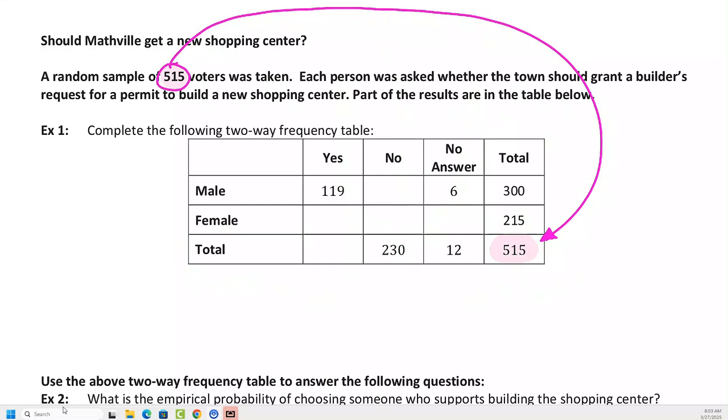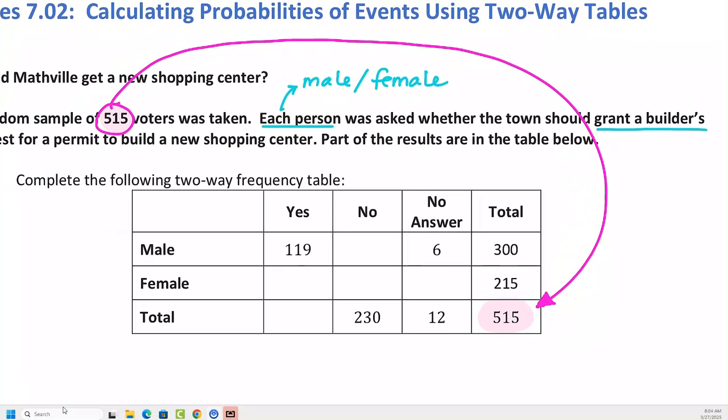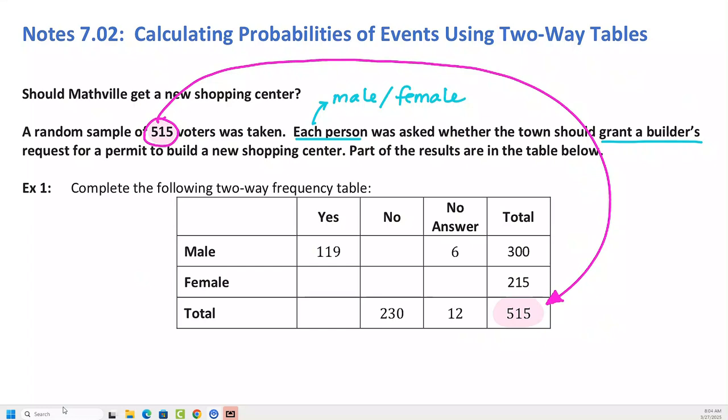Let's just continue to read through this. The next sentence says each person was asked, and you can see from the chart that we have male and female people. So I'll just put on here, each person, male, female. And then grant a builder's request for a permit to build.